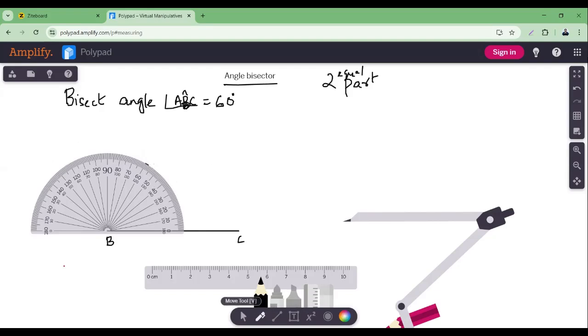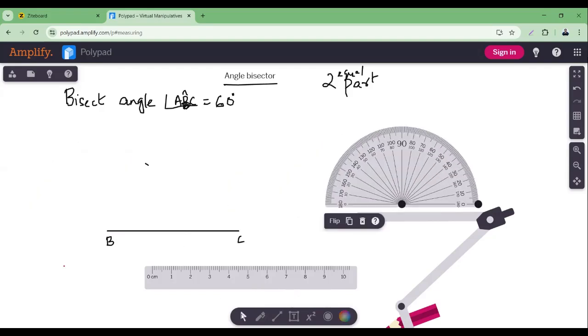So let me take a scale and draw the line, and I will remove this marking here. So this is our 60 degree. I will write this as A, and I write this as 60 degree.